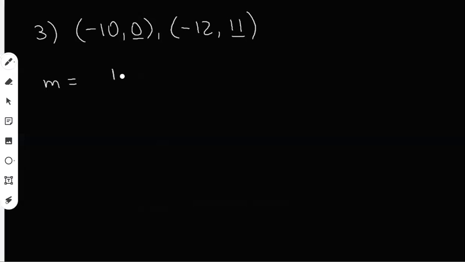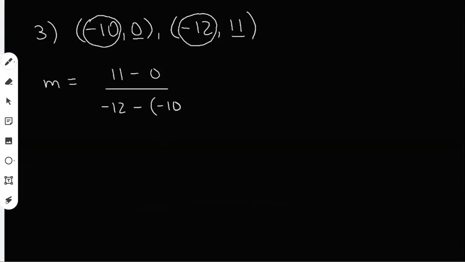So I'm going to have 11 minus 0 on top. Then I'm going to circle the x values. So the -12 minus -10. There's that double negative again. So I'm going to put that in parentheses. So the top of the fraction is pretty easy. 11 minus 0 is just 11.